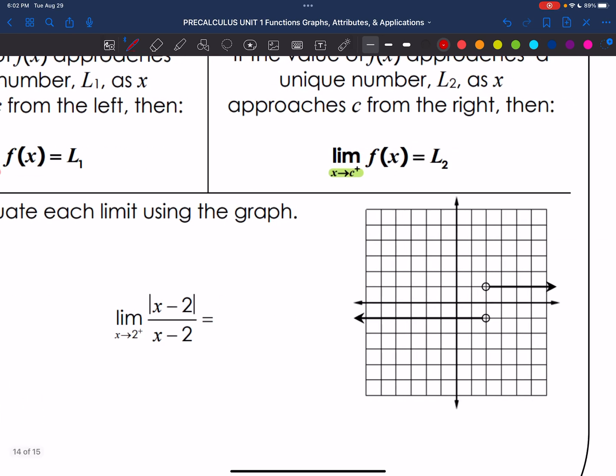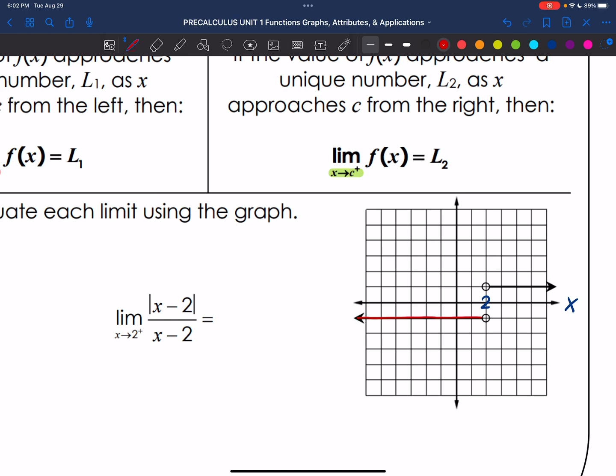So where is 2 on our number line? Well, 2 as an x value is right here. This is where 2 is. And we are supposed to be traveling on our graph from the left. If I'm on the left side of 2, then I'm looking at this area over here leading up to that value of x.